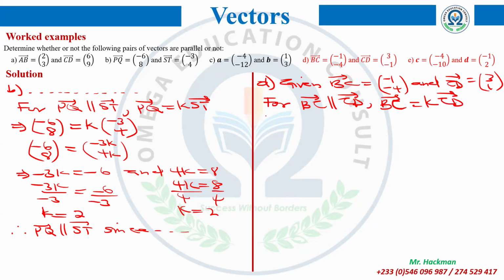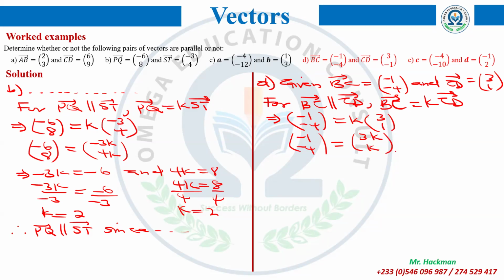Now this implies that I'm going to use my premise. What is BC? BC, we all know, is -1, -4. That should be equal to k times your vector CD. CD is 3, 1. Echo me. So at this point, we get -1, -4 is equal to 3k, then k.